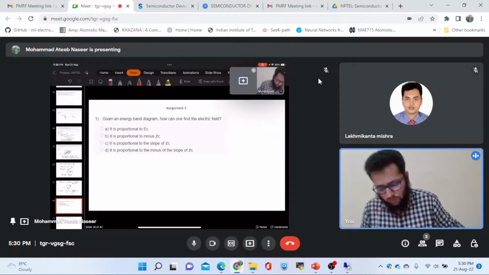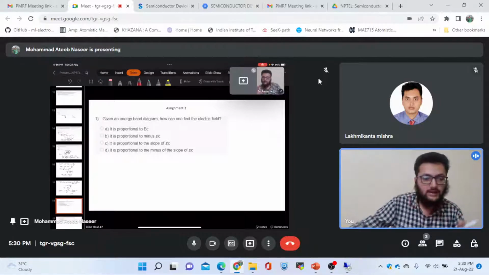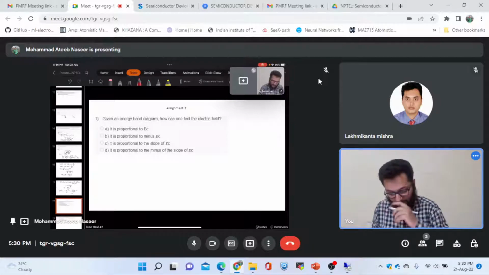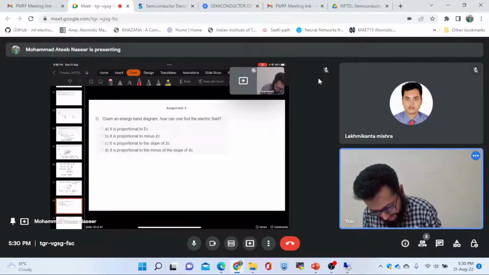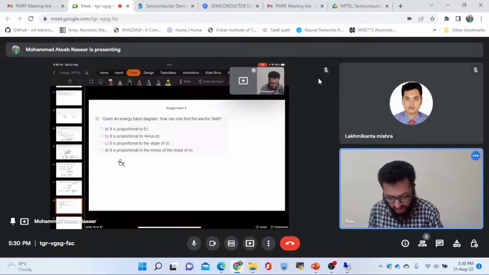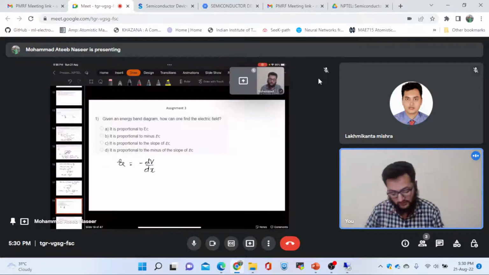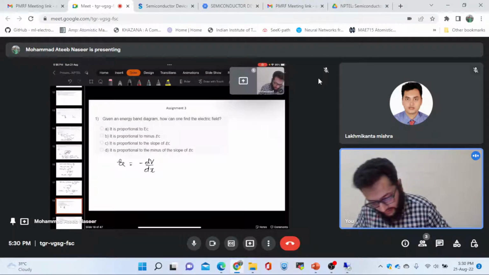Now we know that there is some relation between the applied potential, that is V, and the field. We will write the field with the notation E, and this E is given by minus dV by dx, where V is the applied potential or the voltage.